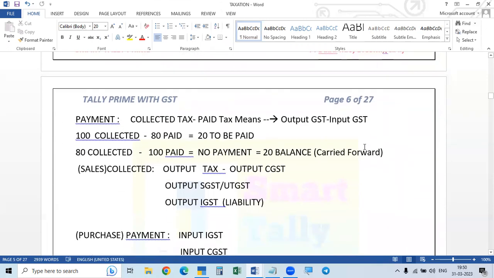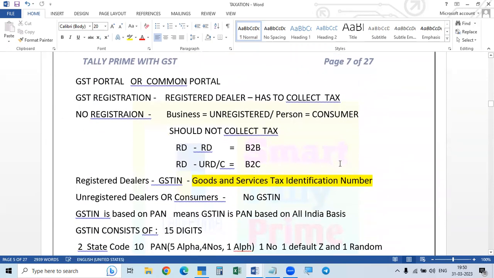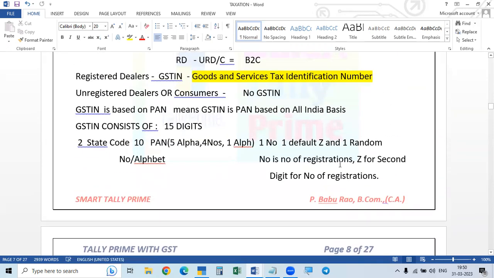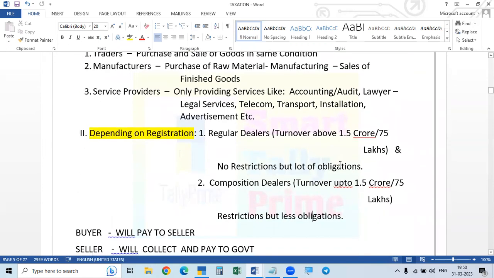The second one is restaurants, meaning restaurants which do not serve alcohol, that is liquor. Without serving liquor, if the restaurant has less than 1.5 crore turnover, it can take up the composition scheme.